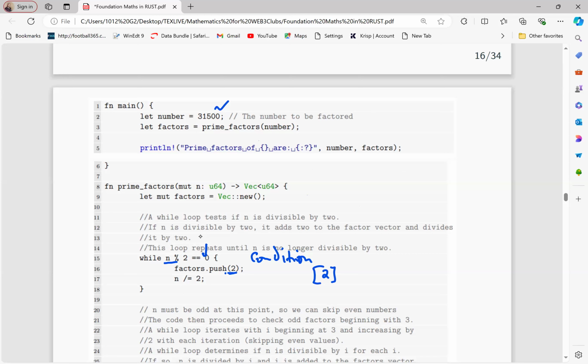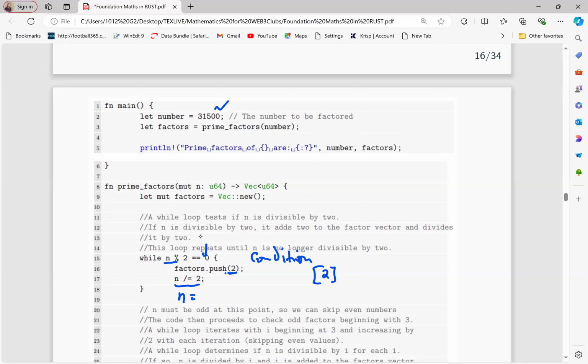Now, what does n become? This one says the new n is the original n divided by 2.